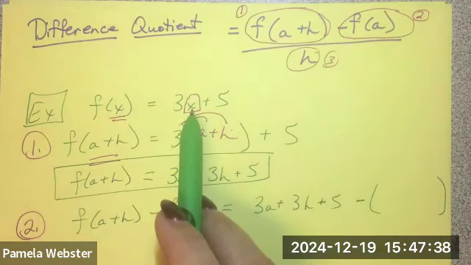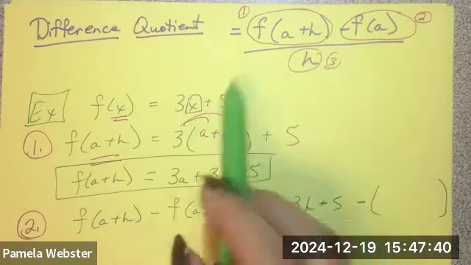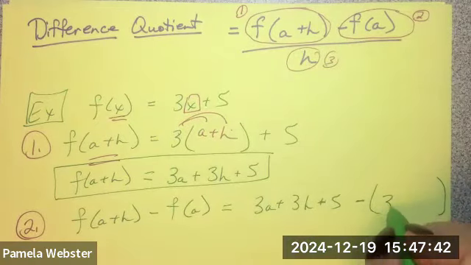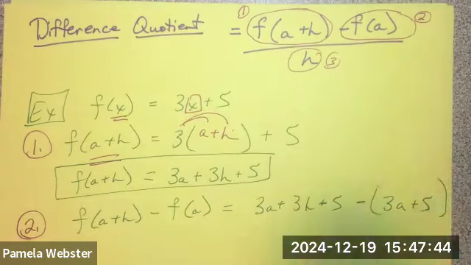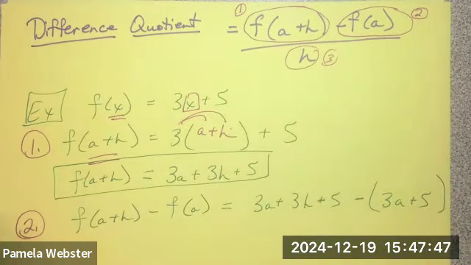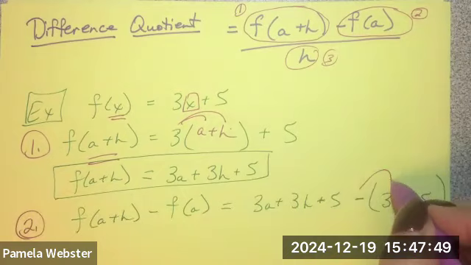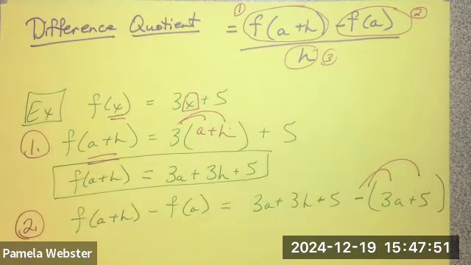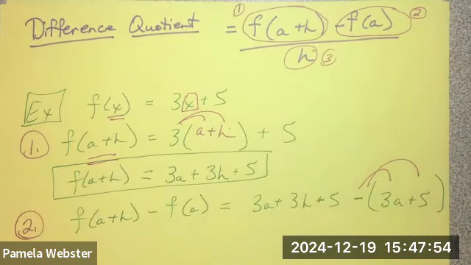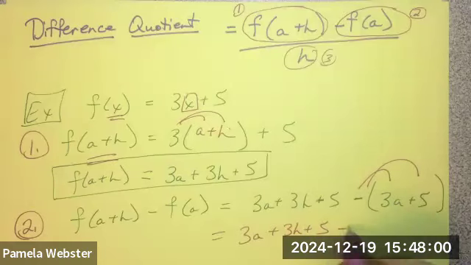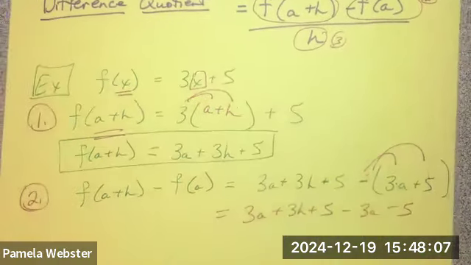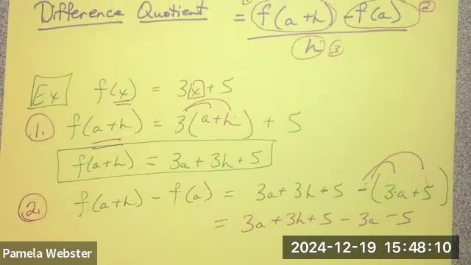And instead of the x, we're going to put an a, right? Because it's f of a. So 3a plus 5. But the trickiness here is this minus goes all the way through. So whenever I look at that, I say, well, this is 3a plus 3h plus 5 minus 3a minus 5.